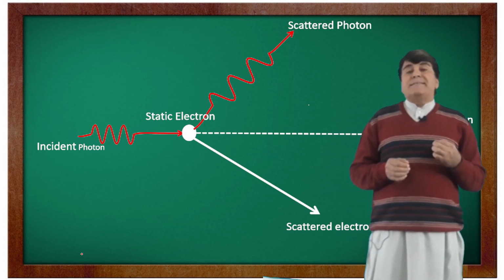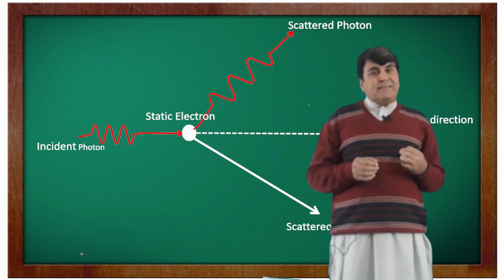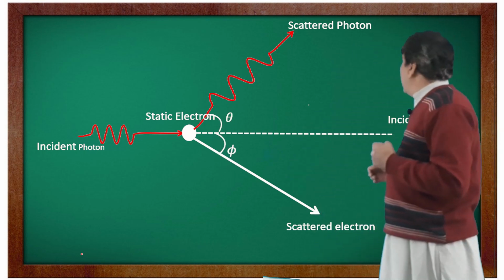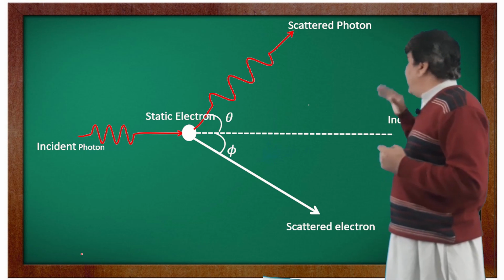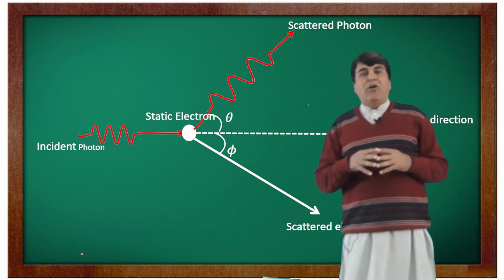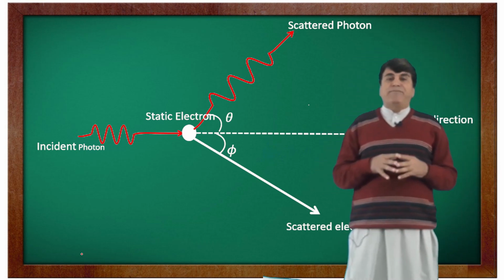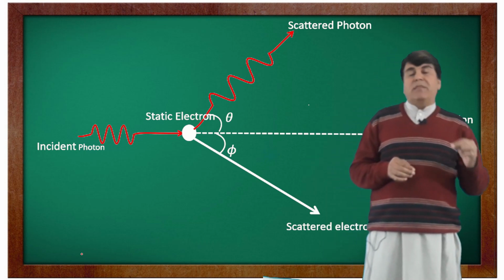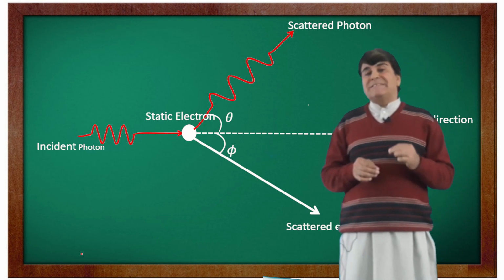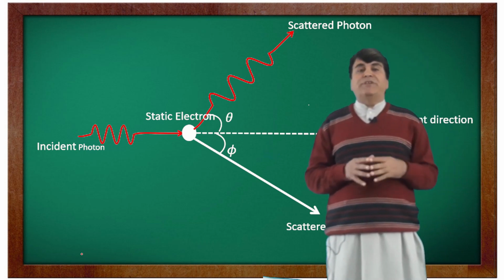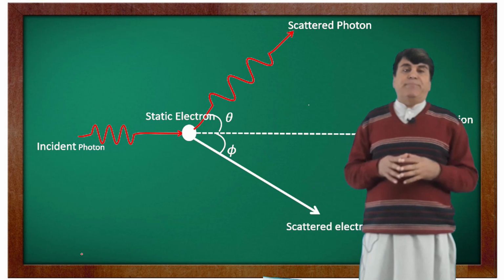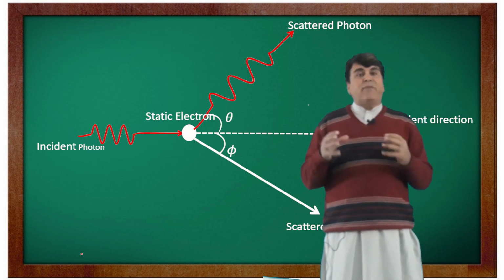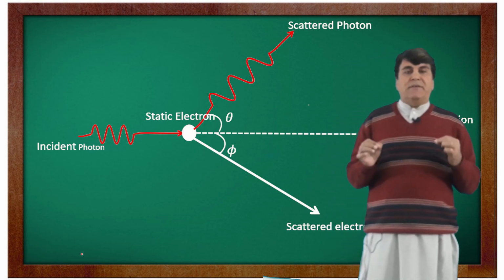Let us first understand this geometrically. The scattered photon and the recoil electron are making angles theta and phi respectively along the direction of incident photon. Therefore, both momenta, that is the momentum of photon and the momentum of electron, must have x and y components as per vector algebra. And we further know that the conservation of momentum holds for each component independently.